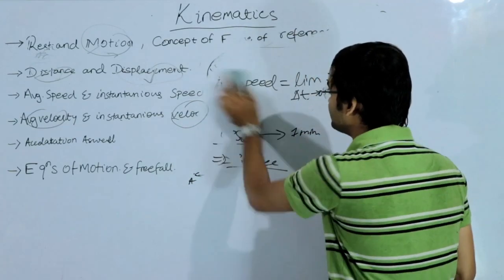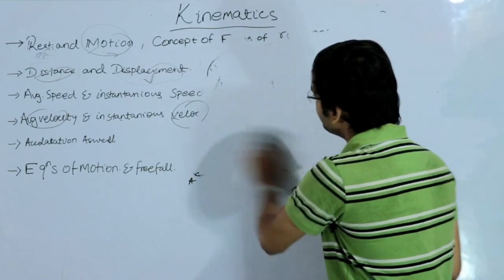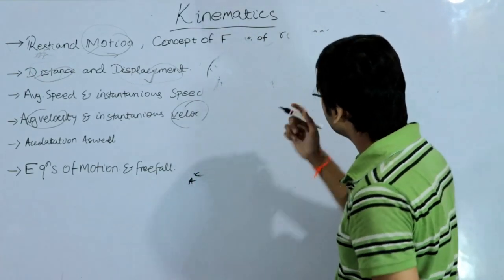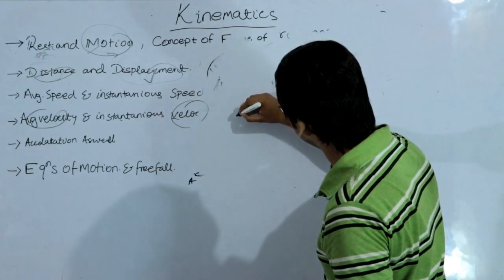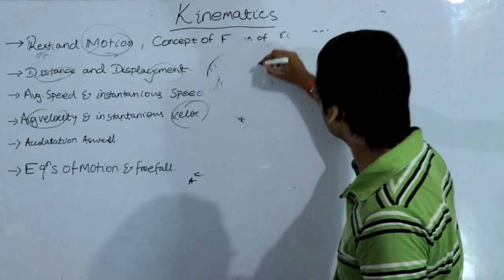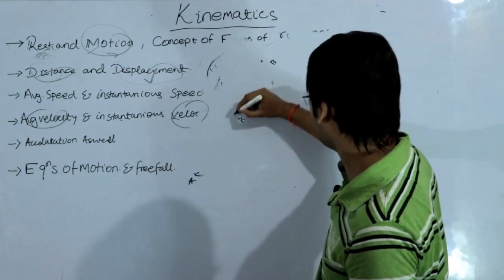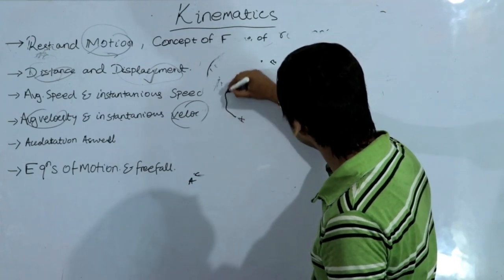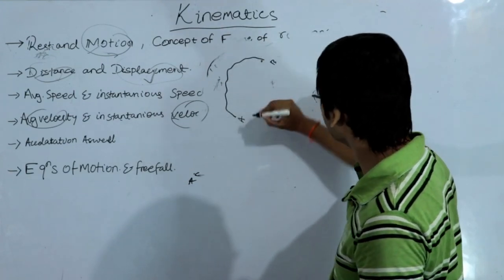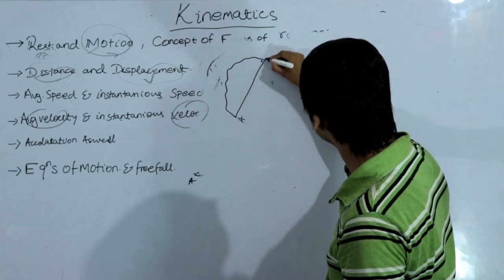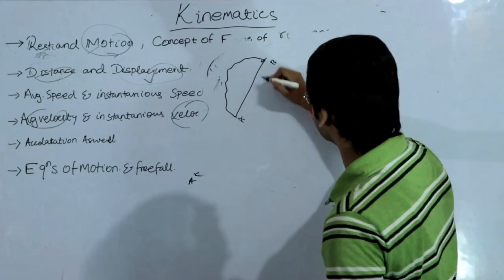We are taking an example. Suppose one particle is traveling from A to B, exactly the same example we were taking, and this is taking a crazy path from A to B, and one other particle is coming with the shortest distance.